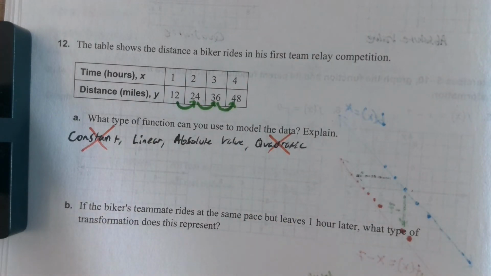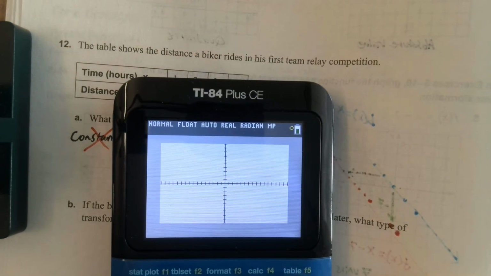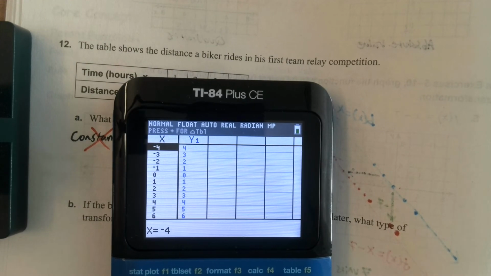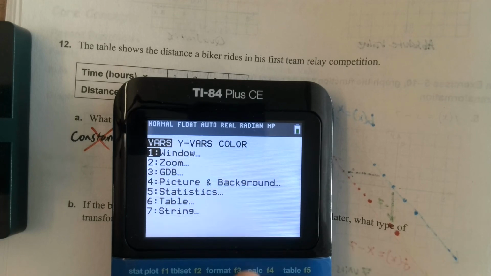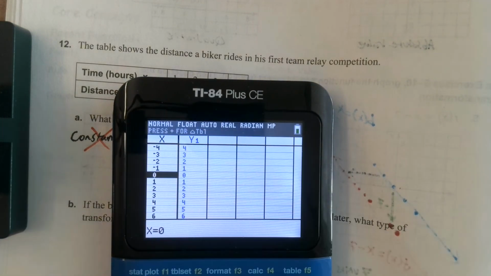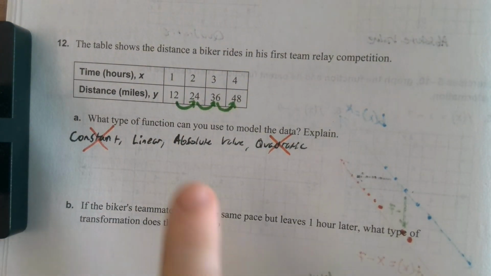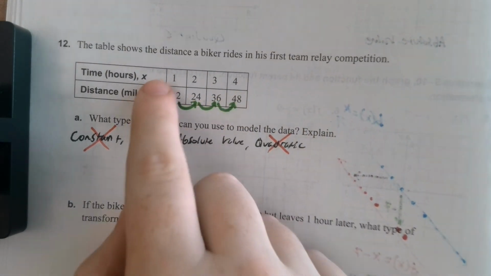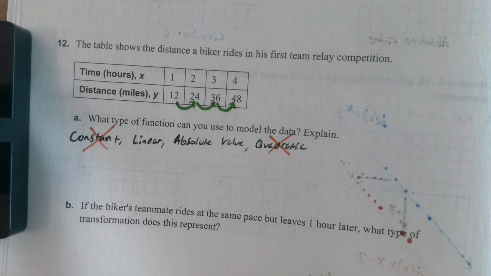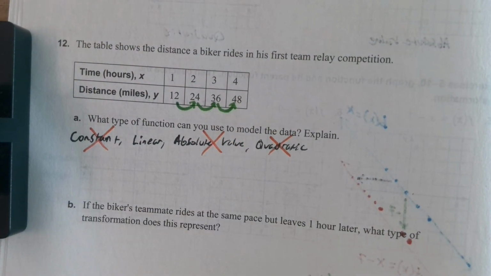If I was to go back to the calculator, for instance, and type in the absolute value of x, graph it, and make a table using that second button, you'll see that, whoops, I apologize, you'll see that the values in the table go up in both directions. And we're not really seeing that here. We're not really seeing that going up in both directions. The reason is we don't have negative hours to take a look at. So in this case, the absolute value function wouldn't be the best to model the data.